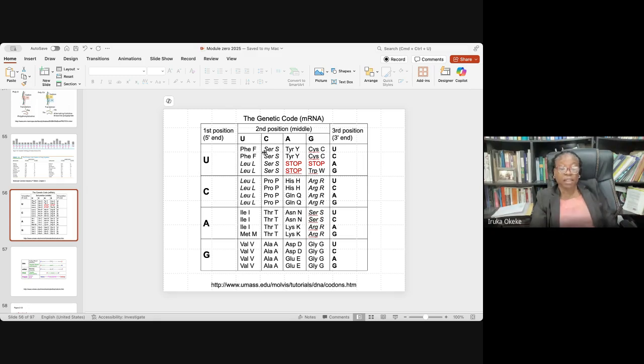Okay? Now, that's one side of it. The other side of it is that when there is a change, it's more likely that that change will be deleterious than useful. This is because we have to think of evolution not as a creator, but as a tinkerer.